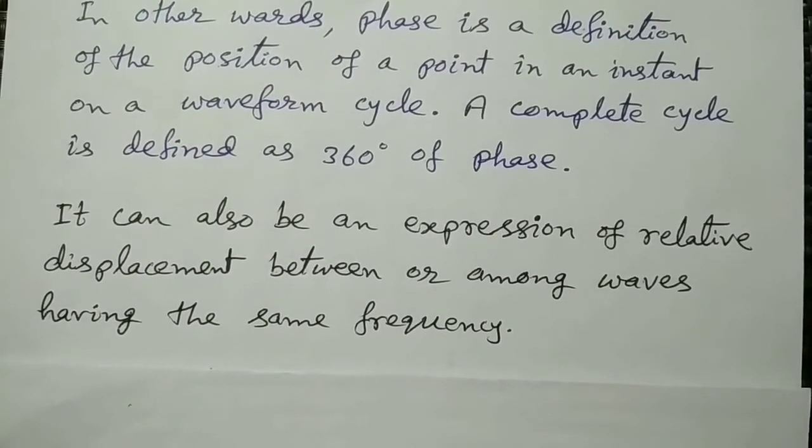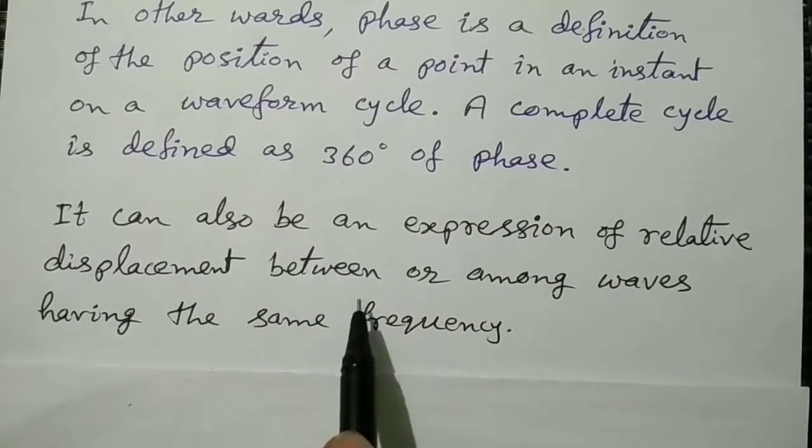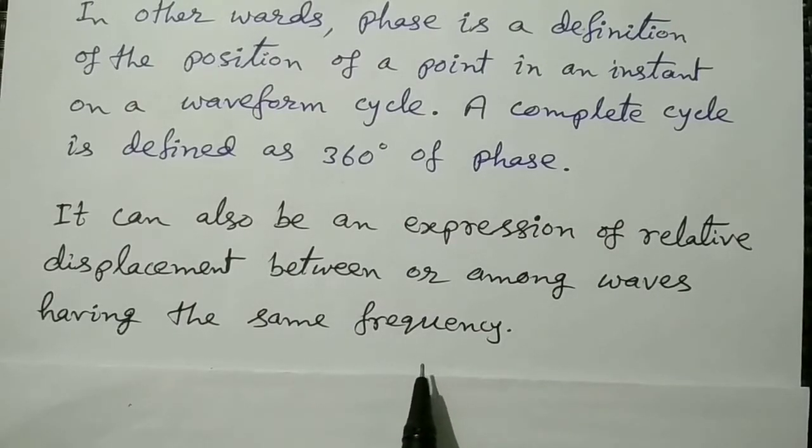It can also be defined as an expression of the relative displacement between or among the waves having the same frequency. This term basically comes when we define the phase difference. So when we want to draw the phasor diagram, when we want to represent the phase or phase angle, the frequency of the various alternating parameters should be same.